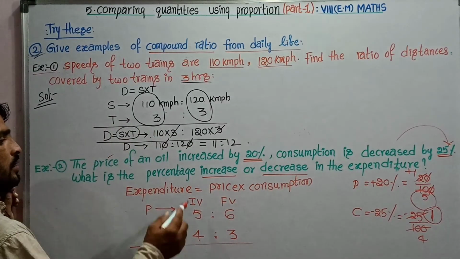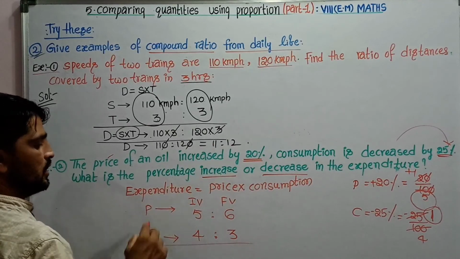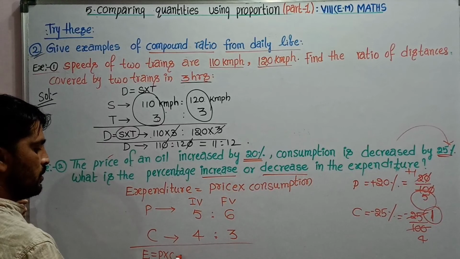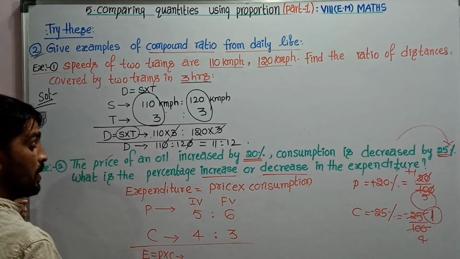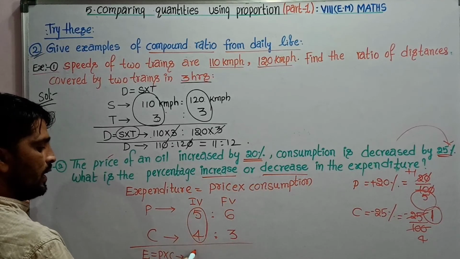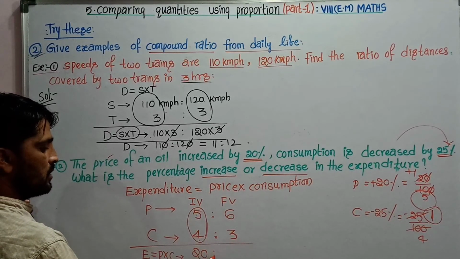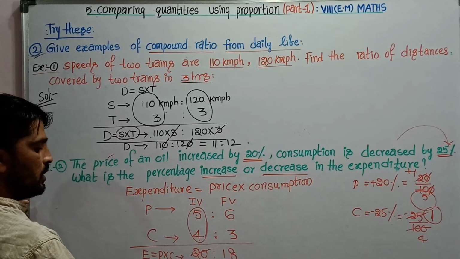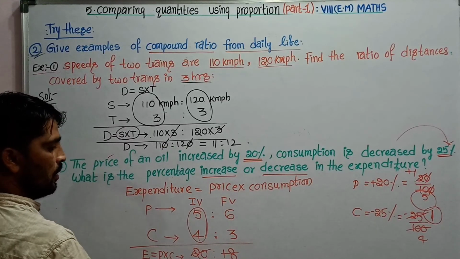So we have to find the percentage increase or decrease in the expenditure, and we know that expenditure is equal to price into consumption. That is the compound ratio of price and consumption. Product of antecedents 5 4s are 20 is to 6 3s are 18. So 2 10s are 20, 2 9s are 18.